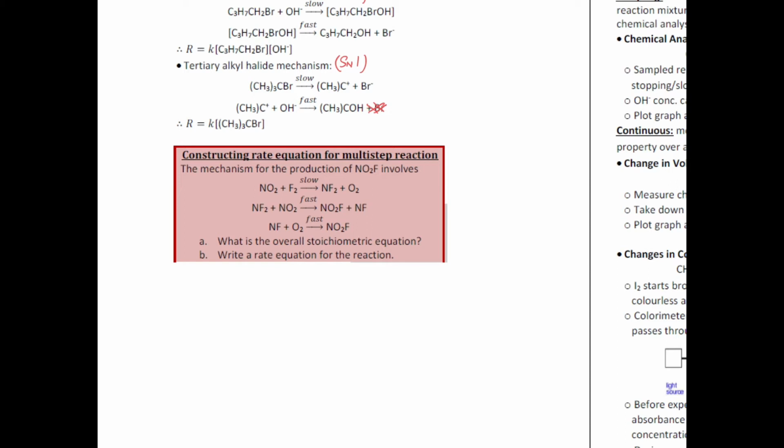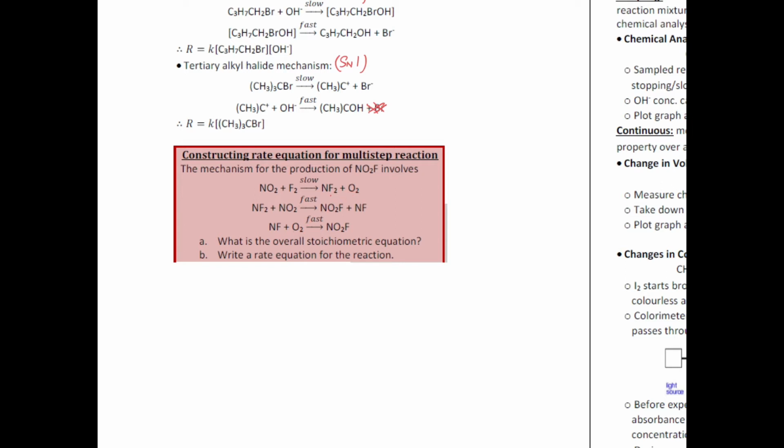So let's find out what is the same thing on both sides of the equation. So first we have NF2 and NF2. We can cut away NF2 because it appears on different sides of the equation. NF also we can cut away. O2 we can cut away also because at different sides.